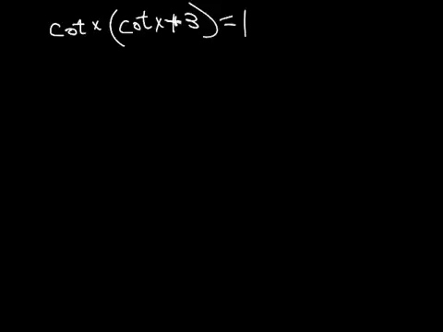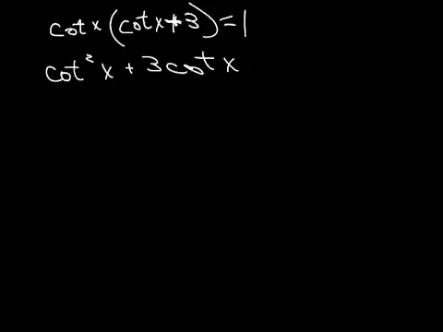Example number 4. Find all solutions if the cotangent of x, I'm not going to find all of them, I'm just going to kind of lead you through this type. Okay. So, let's go ahead and do distributive. Cotangent squared of x plus 3 cotangent x equals 1.